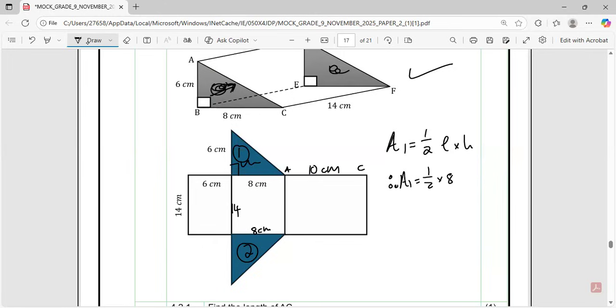So we're going to have 8 times 6. Therefore, area 1, how much is that? How much do you guys get? 24. Yes, it is 24.